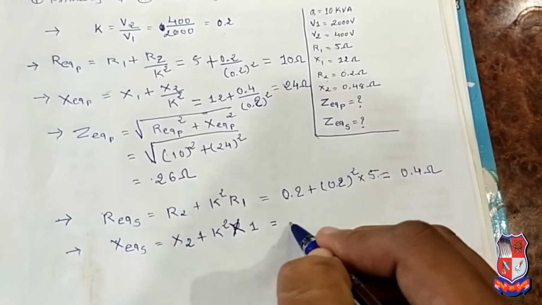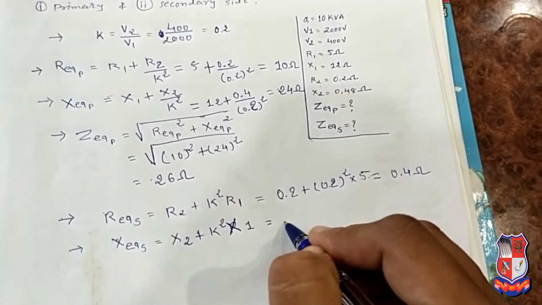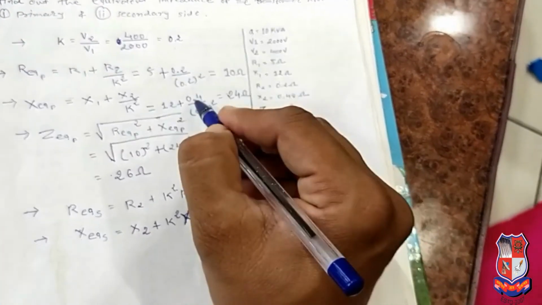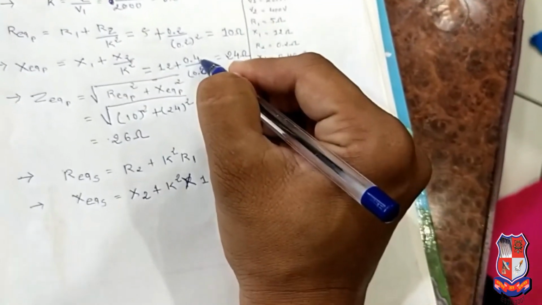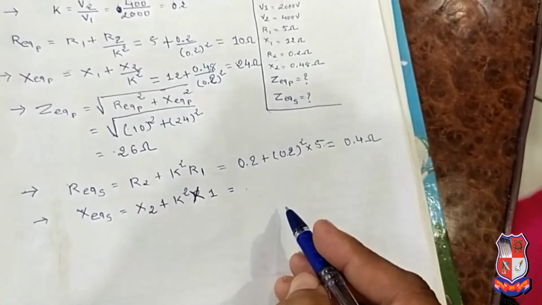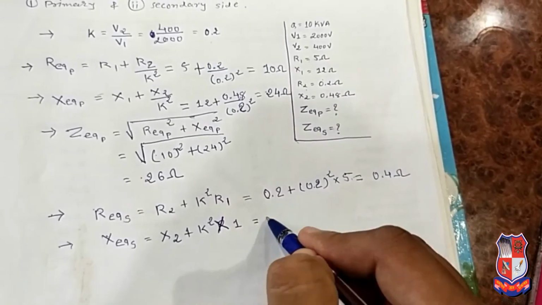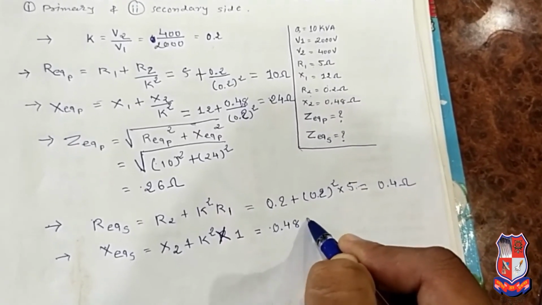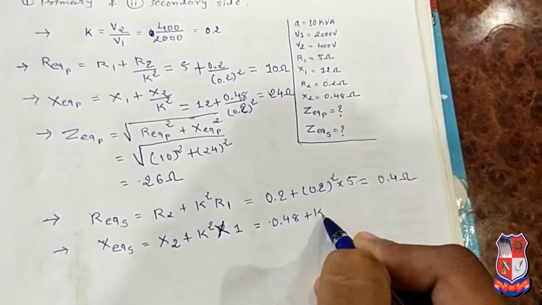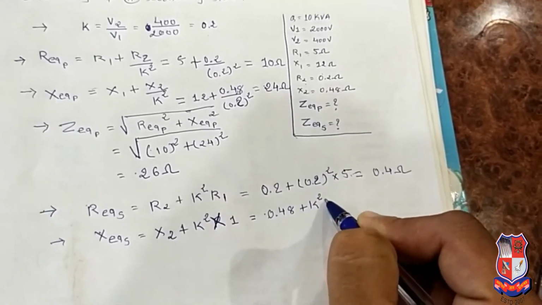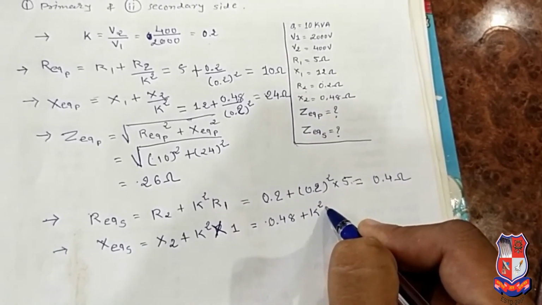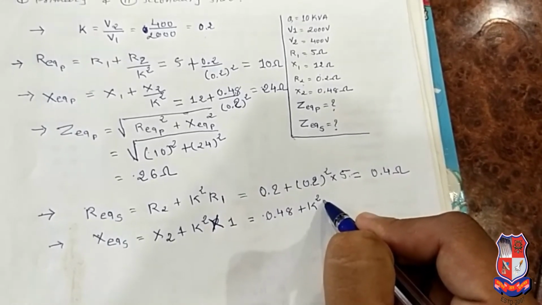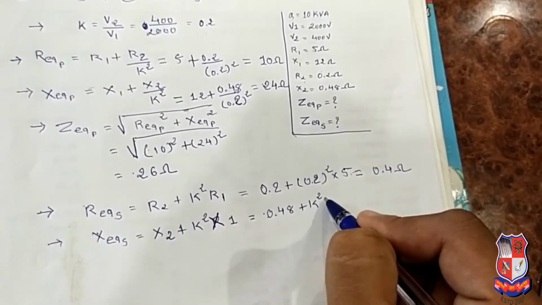The value of X2 is 0.48 plus K square into X1, which is 12.